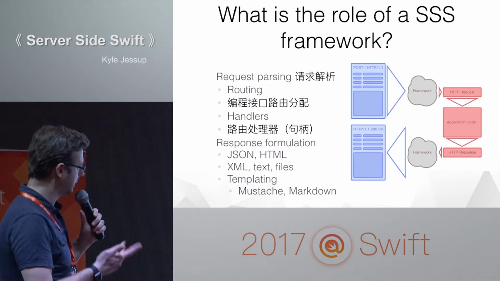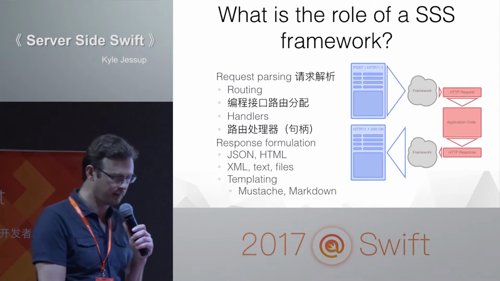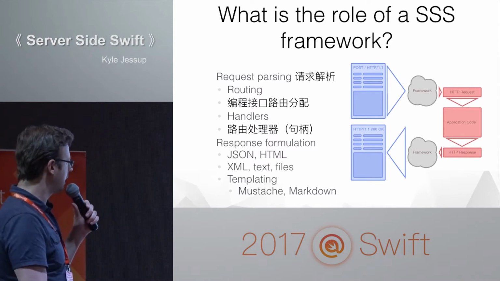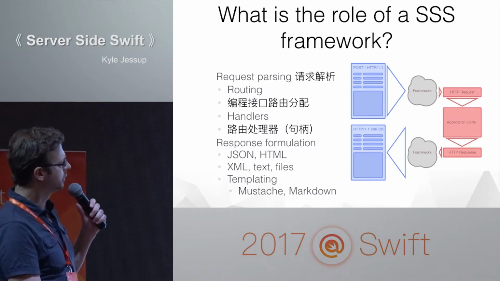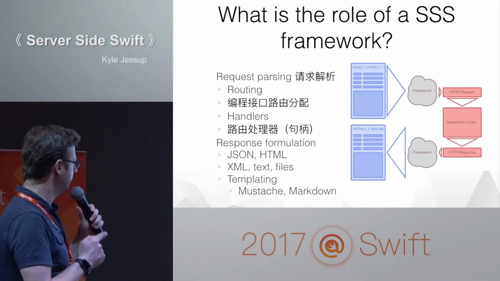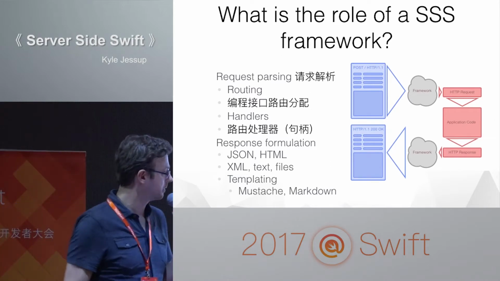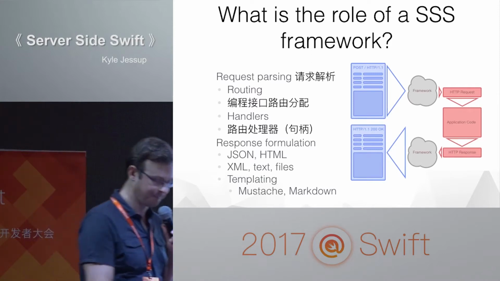Two common examples of templating systems would be Mustache, and some people use Markdown as well. There are a lot of templating systems, and many frameworks include their own custom system. We don't. We focus on Mustache, at least currently, and we did just recently introduce a Markdown system as well.